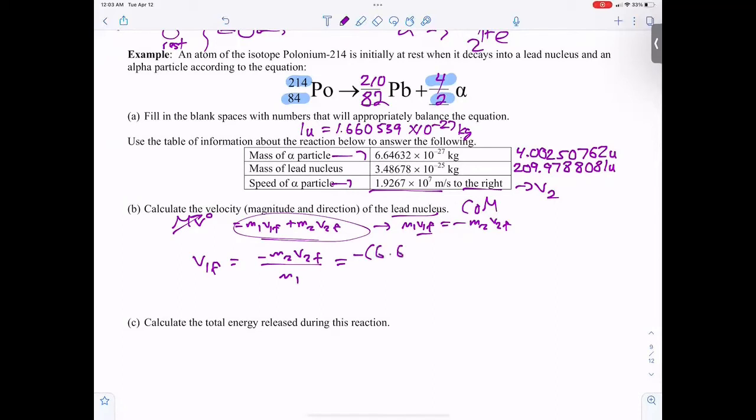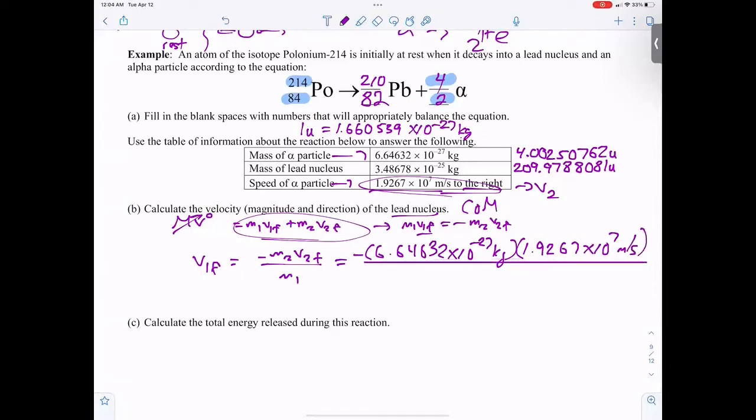So 6.64632 times 10 to the negative 27 kilograms times its velocity, 1.9267 times 10 to the 7 meters per second. Divide that by mass 1, which is the lead nucleus, 3.48678 times 10 to the negative 25. Negative just means it's going the opposite way of right, which would be left.